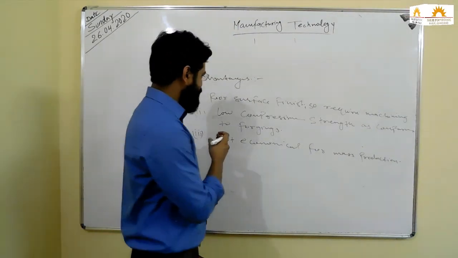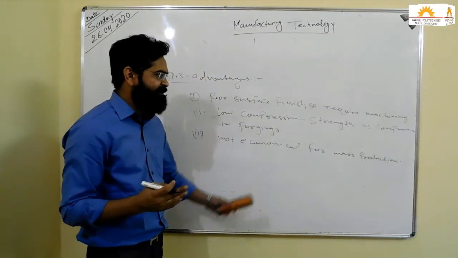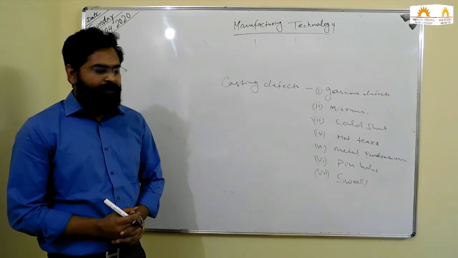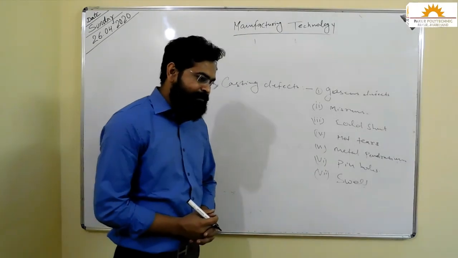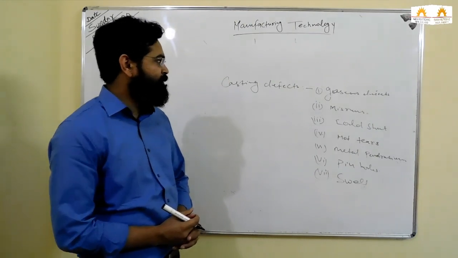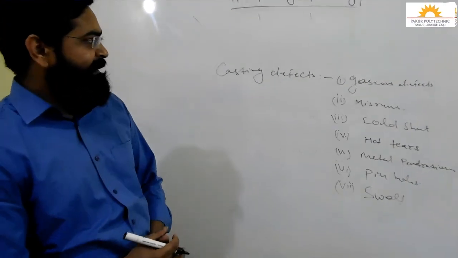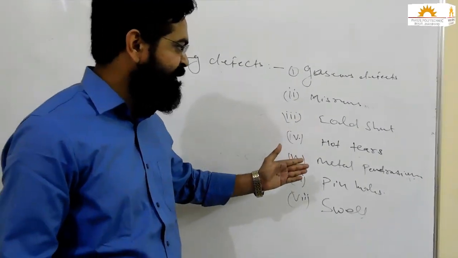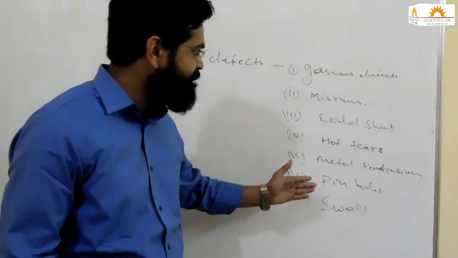Next is low strength as compared to products made by forging. Meanwhile, producing casting products, we find some casting defects like gaseous defects, misruns, cold shut, hot tears, metal penetration, pinholes, spells.